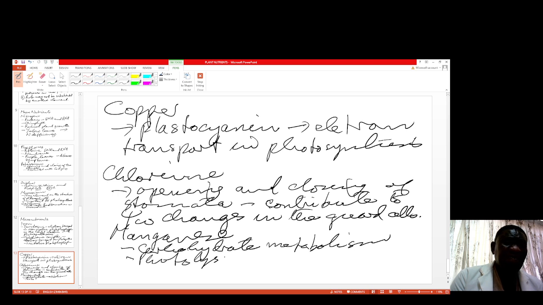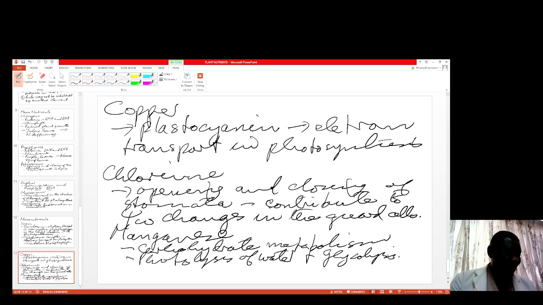Photolysis of water in photosynthesis, plus glycolysis reactions. Let us move on to another element.